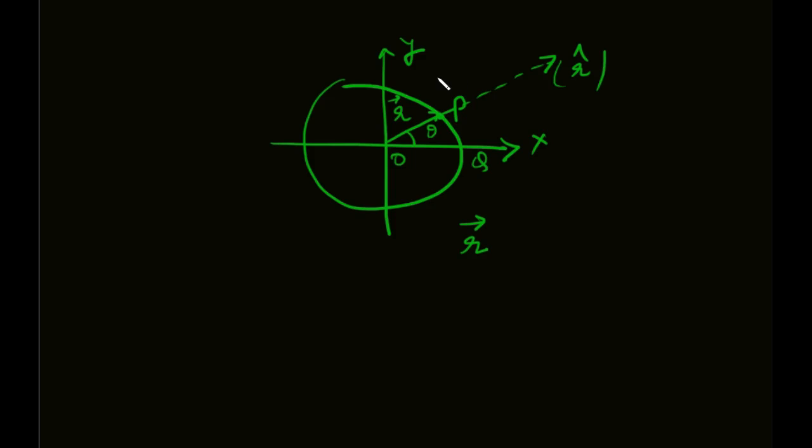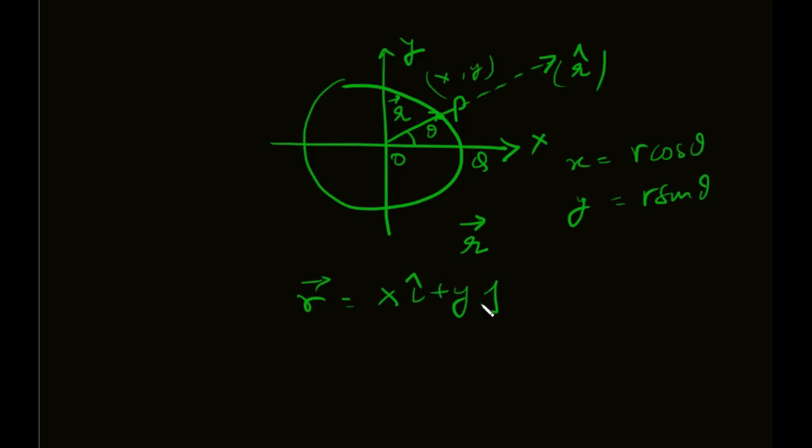Because this point is x comma y, we obviously know that x would be equal to r cos theta, and y would be equal to r sin theta. If we write r, we have x i plus y j, right? So we can take r equal to r cos theta i plus r sin theta j. This we have assumed for our own convenience.